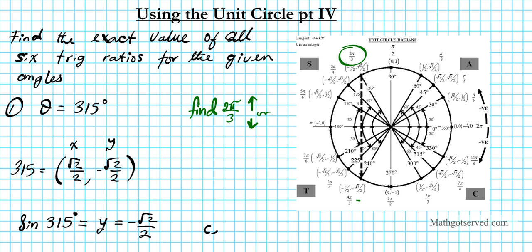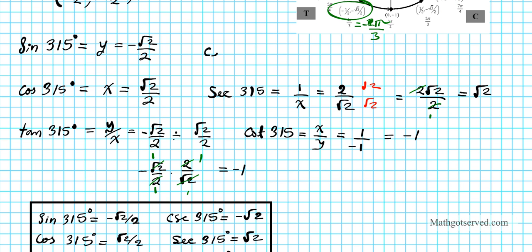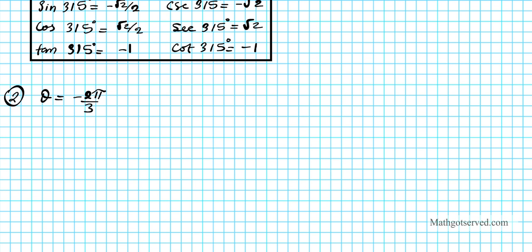So this value right here is the same thing as negative 2 pi over 3. Okay? So we're going to use this angular value and this point right here. So this is the point we're going to be extracting to do the problem. So don't forget, anytime you have a negative, you go up or down on the reflection of the positive angle. All right, so let's write that down.